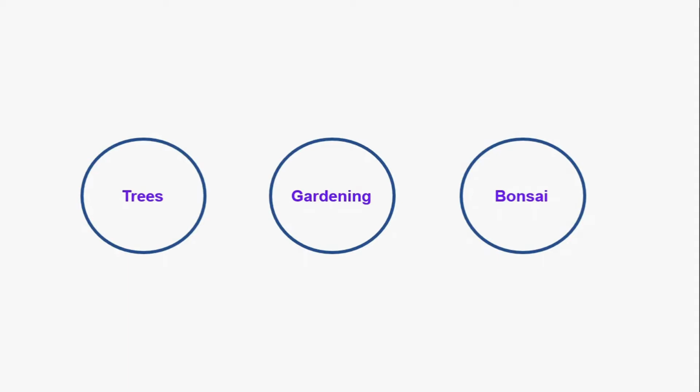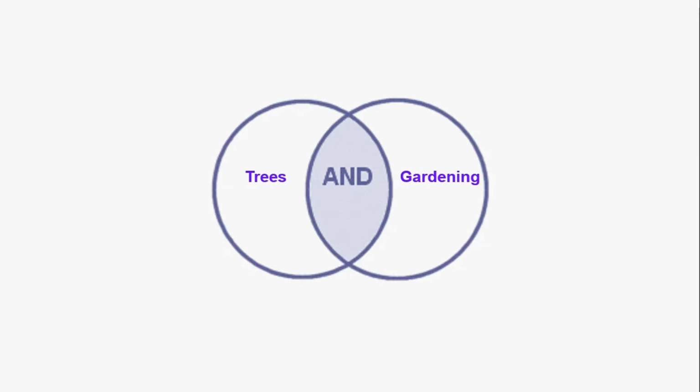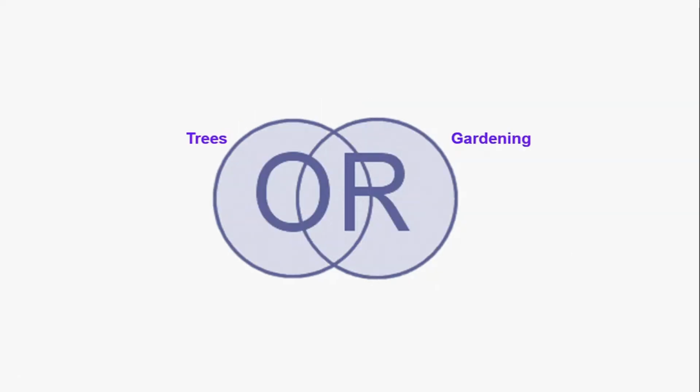If I do a search for trees and gardening, my results are only going to show the material that is about both trees and gardening, represented by this highlighted section of the two circles here. If I change my search to trees or gardening, my results will include both things where trees and gardening overlap, but also everything just about trees and everything just about gardening.